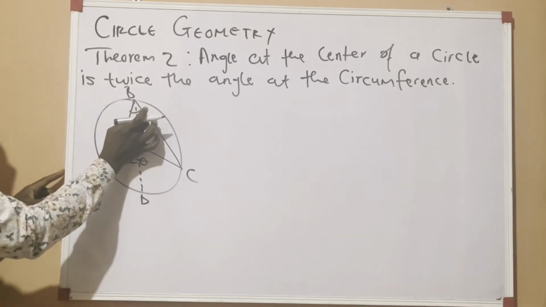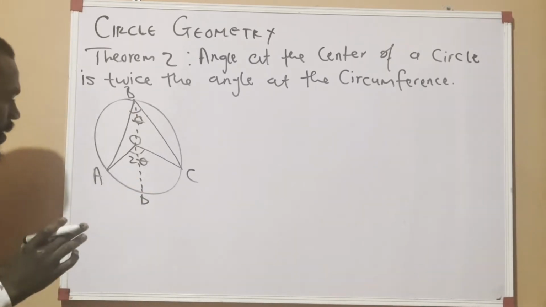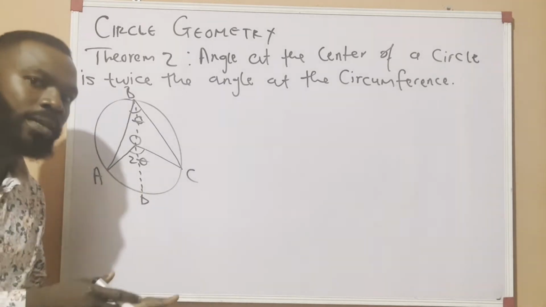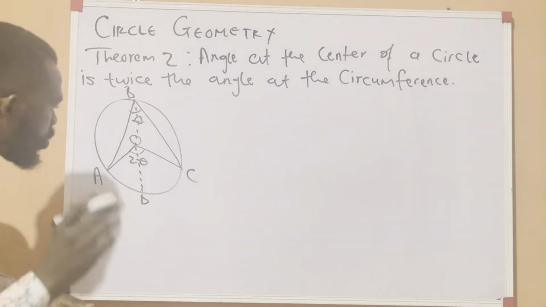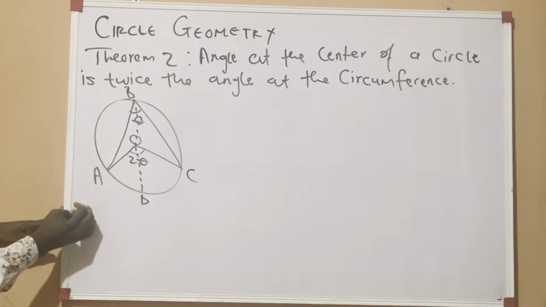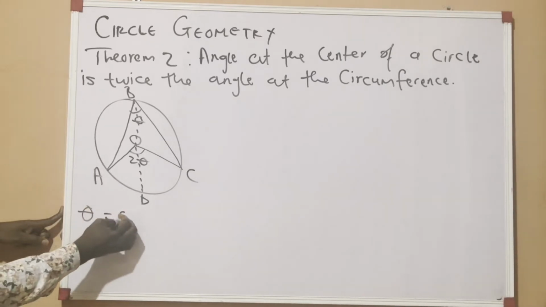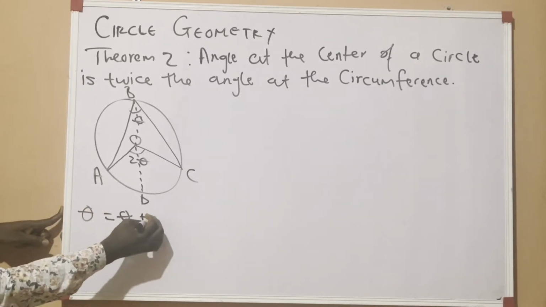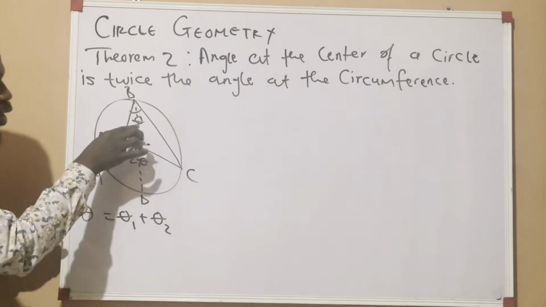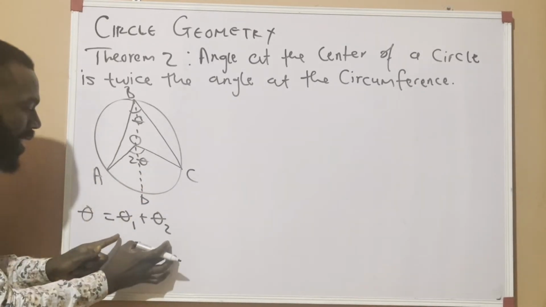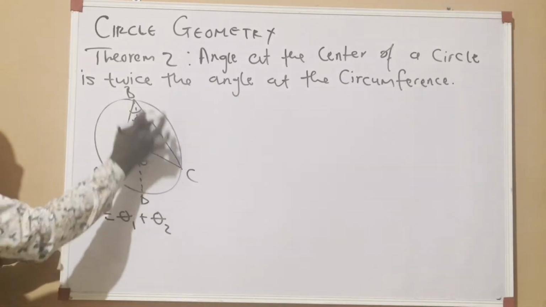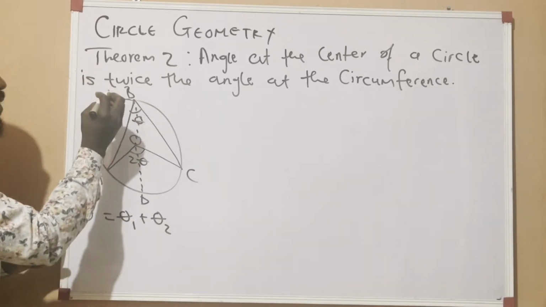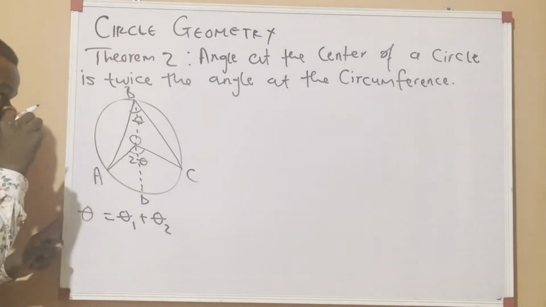If I divide theta into 2, theta 1 and theta 2, it means theta is equal to theta 1 plus theta 2 because we have divided theta. So if we add these 2 angles, we get the original angle at the circumference, which is theta.